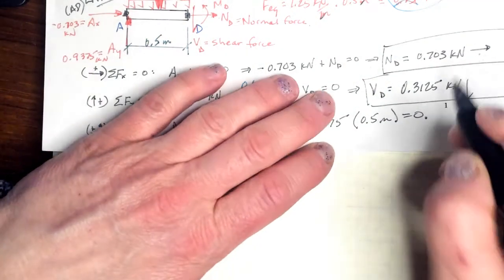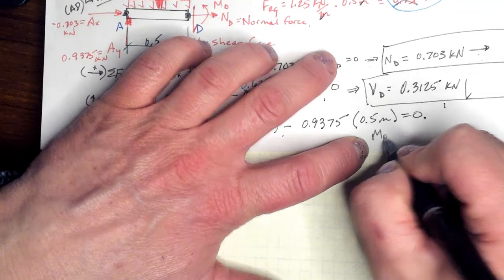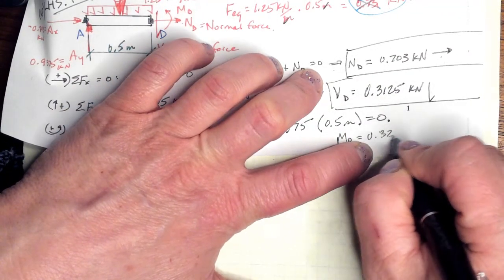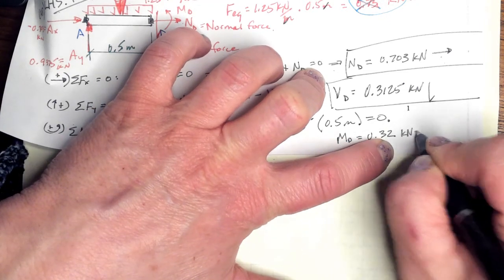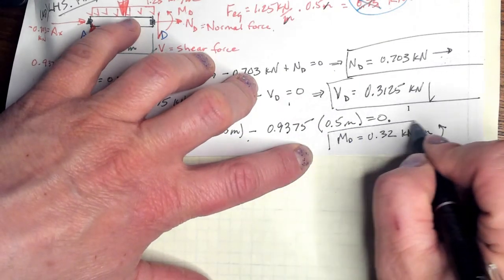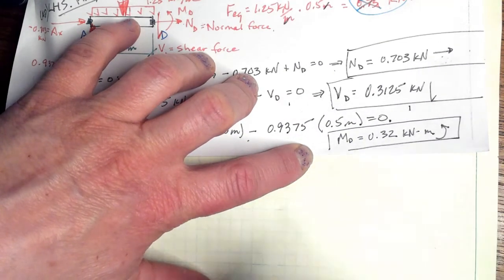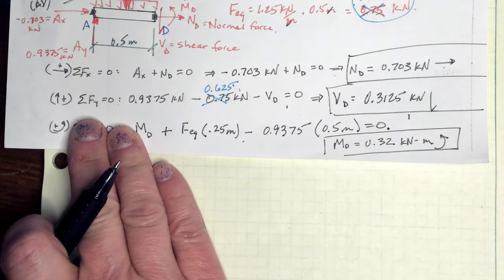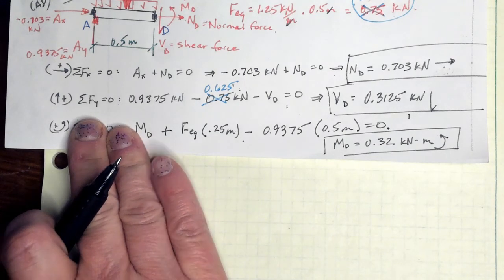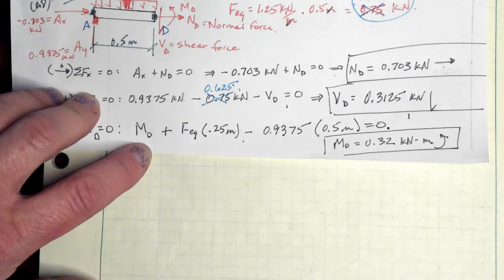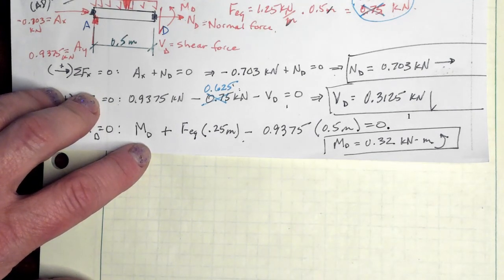Solving all that out, I got M sub D is 0.32 kilonewton meters, and it's in this direction. Okay, whoops. Those are my values for the normal, the shear, and the moment. Normal force, shear force, and the moment at point D.